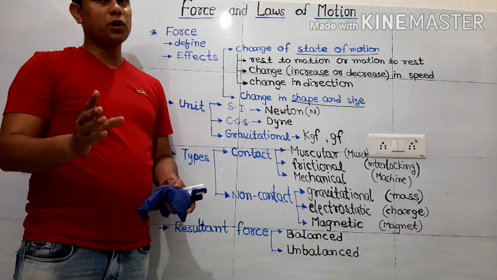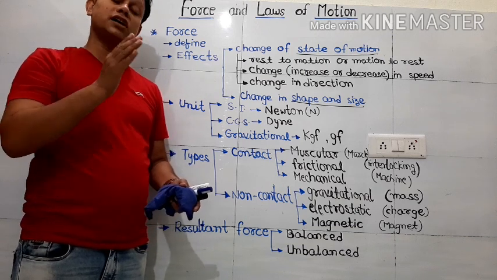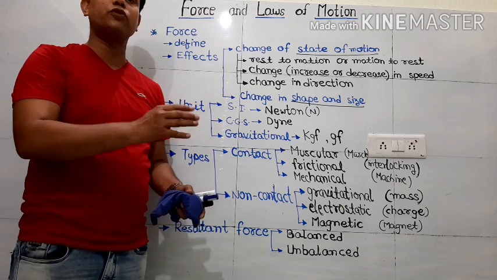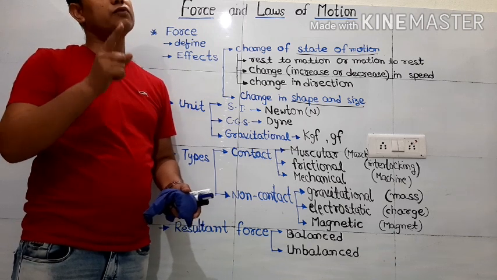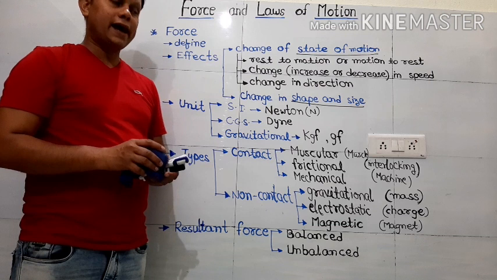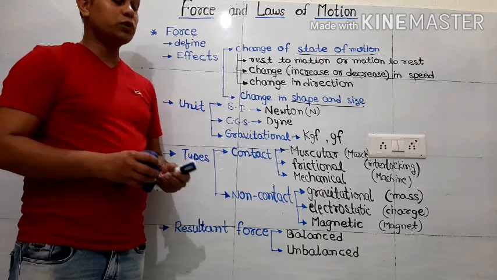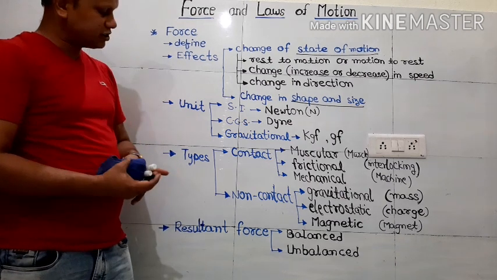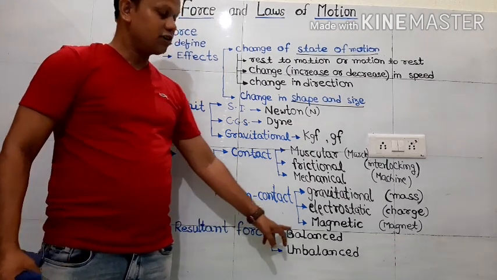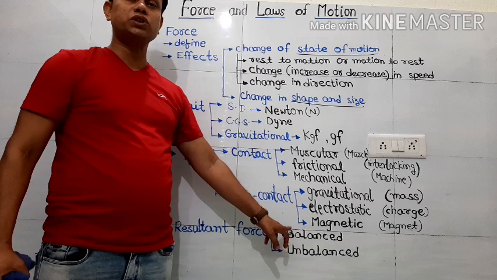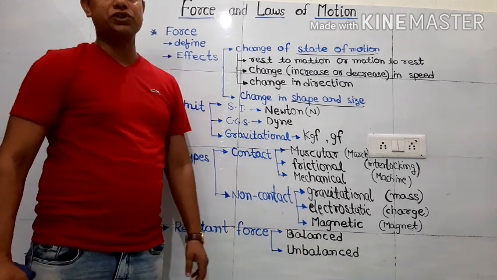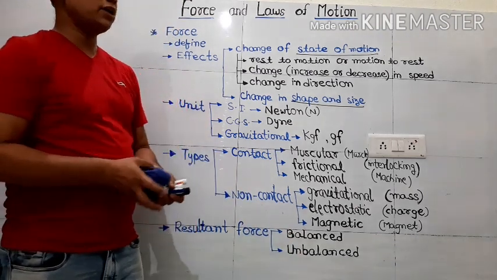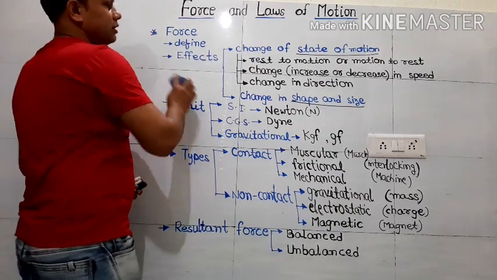Magnitude of force is important, and in addition to magnitude, the direction of force is also very important. On the basis of that, we are going to understand the terminology resultant force, and on the basis of resultant force we will decide whether it's a balanced or unbalanced situation.